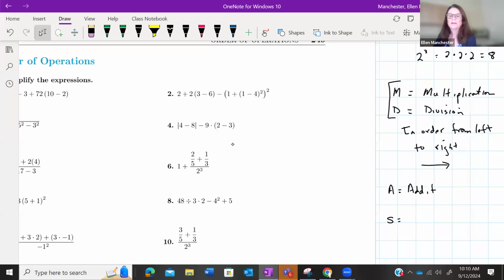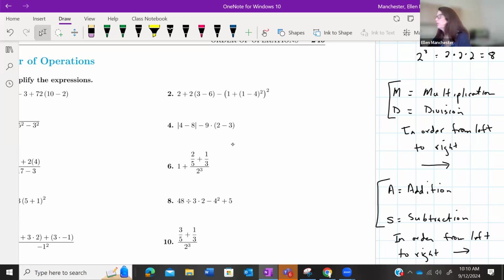Good. So addition and subtraction. And again, you do these 2 in order from left to right. Just like you're reading it.